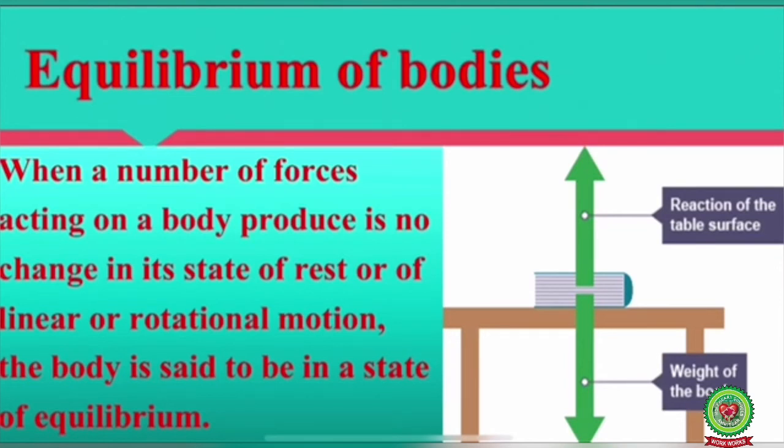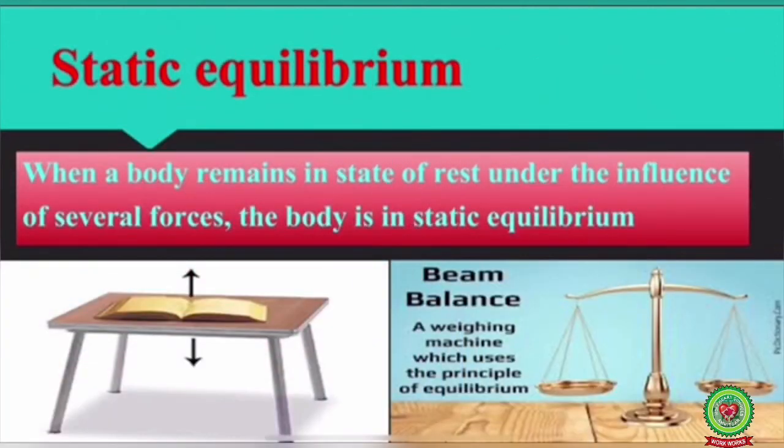Equilibrium is of two types: static equilibrium and dynamic equilibrium. Let us first talk about static equilibrium. Again, we have a book lying on a table. There are two forces acting on the book, but they are not able to produce any change in its state of rest. So the body is in static equilibrium. In the next example, we have a beam balance. When two equal weights are on each pan, this beam balance will not rotate towards any side.